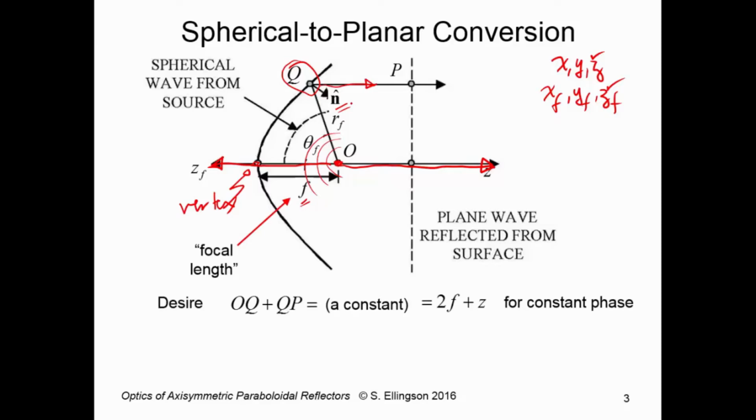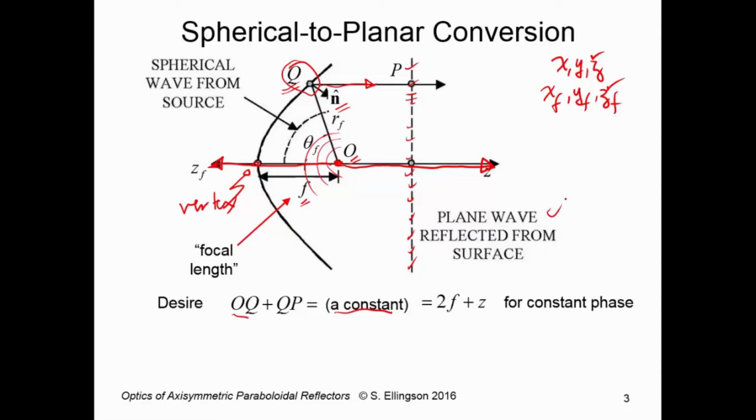Now we desire the length from this point O, the origin, to point Q, that's OQ, and then from point Q to point P, which is out here, to be a constant. If we have that, then we know that we'll have constant phase along this plane, and that'll result in a plane wave as it's reflected from the surface.